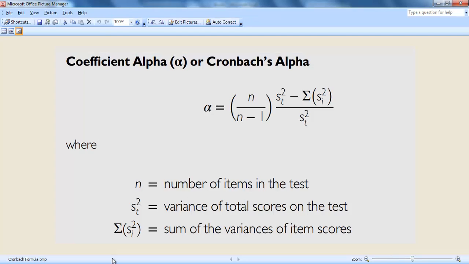So what is the formula? N divided by n minus 1. Our n is, how many items do we have? 5 items. The questionnaire is composed of 5 items. So you have Q1, Q2, Q3, Q4, Q5.